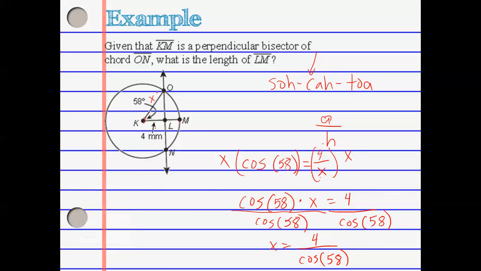Now we don't want to stop there, because all that told us was that this side is 7.5. So we also know that KM equals 7.5 as well, because it's a radius. Now we take that and subtract 4, because it asked us about LM. So 7.5 minus 4 gives us LM equals 3.5 millimeters.